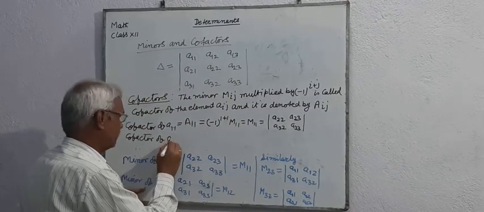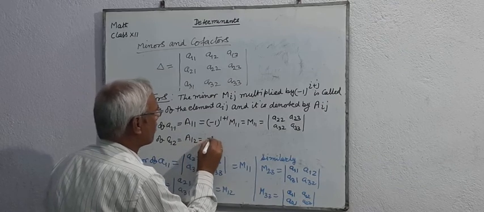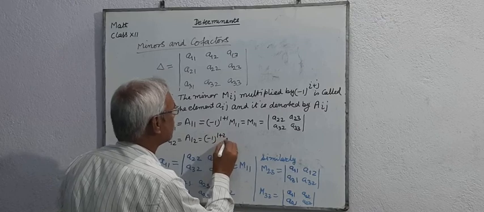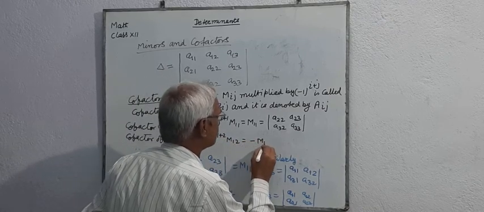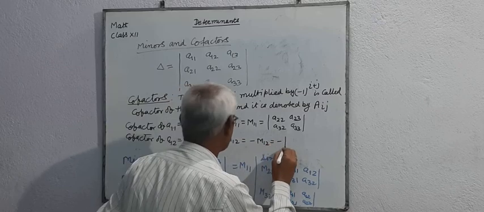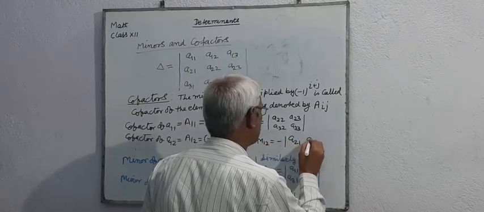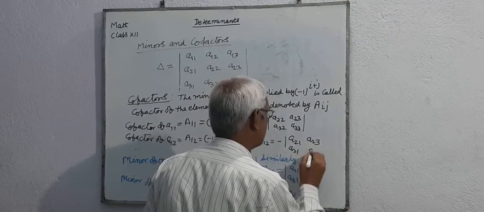Cofactor A12 equals minus 1 to the power 1 plus 2, M12, equals minus M12, equals minus a21, a23, a31, a33.